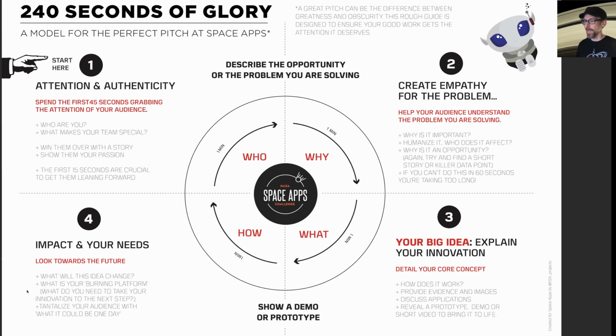In the second minute, you're going to start heading into talking about the problem itself, and you want the audience to connect with it. Why is the thing that you're tackling important, and why did you choose to do it? Do you have a story that goes with it? Is it personal?